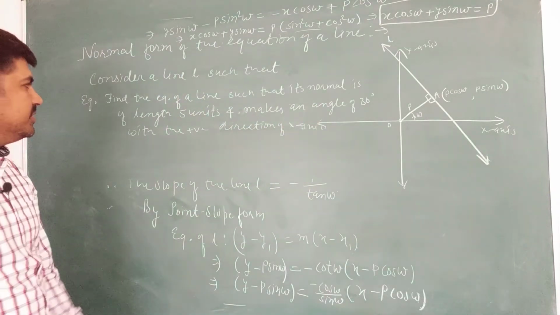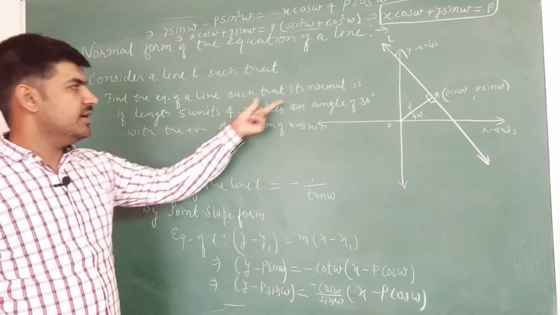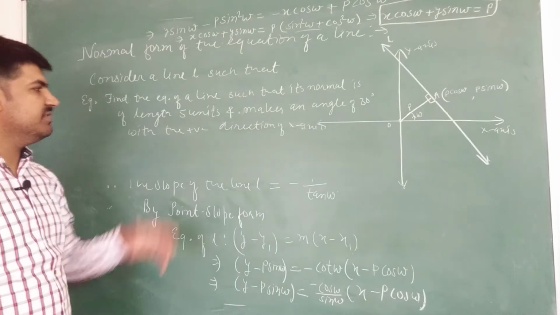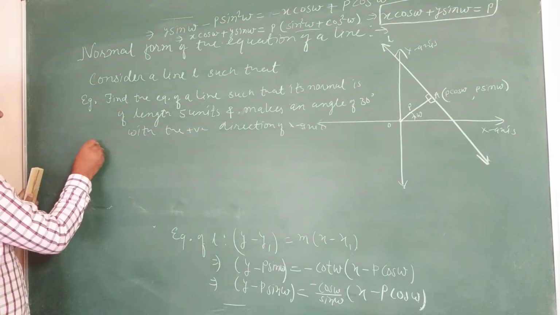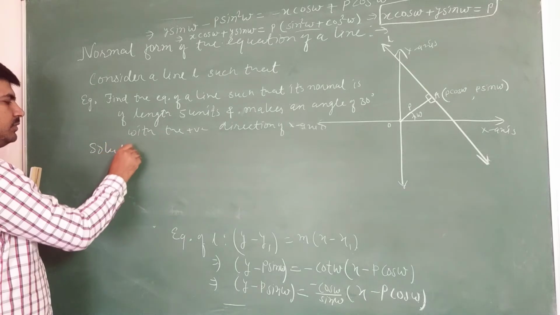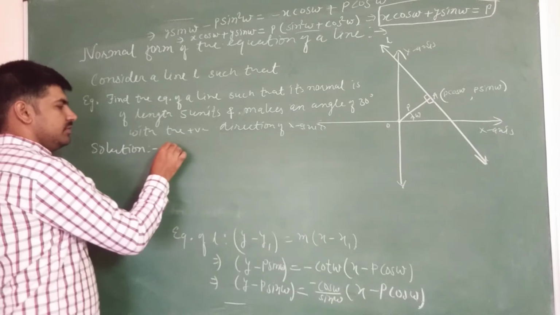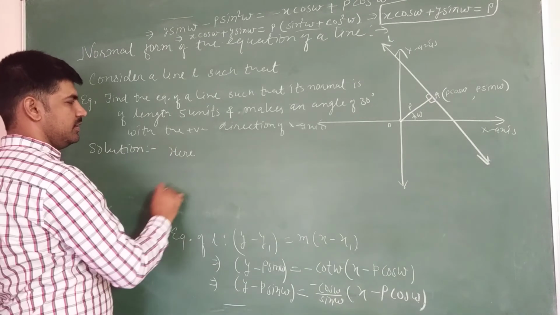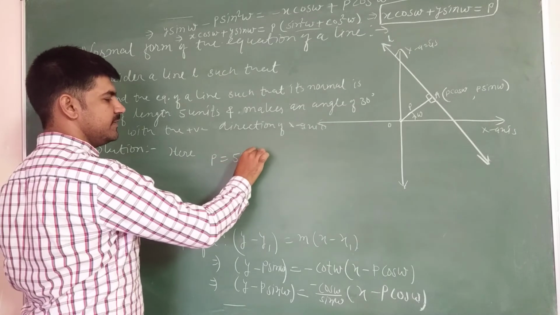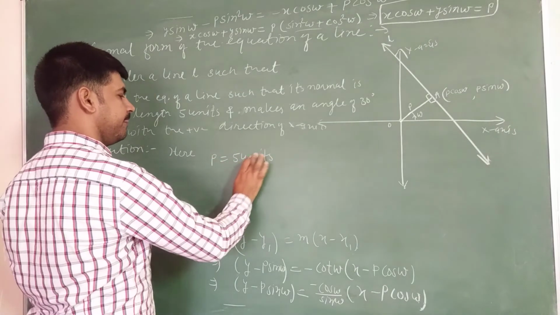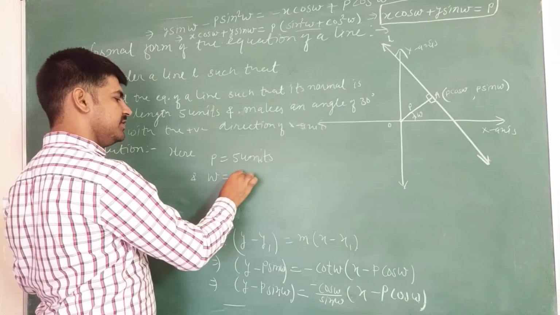So what we are given, students, we are given the length of normal is equal to 5 units and normal makes an angle of 30 degree with the positive direction of x-axis. So you may write in the solution that here p is equal to 5 units and omega is equal to 30 degree.